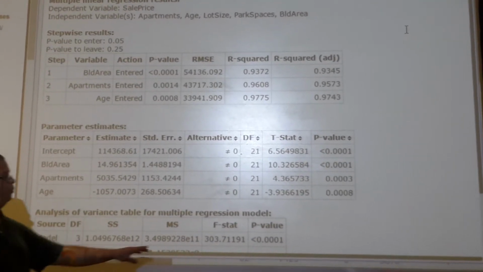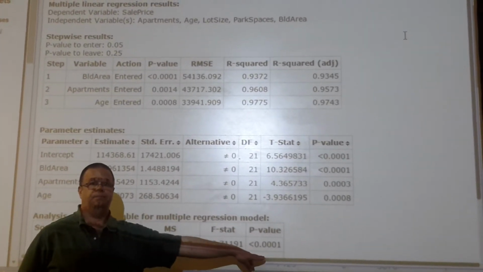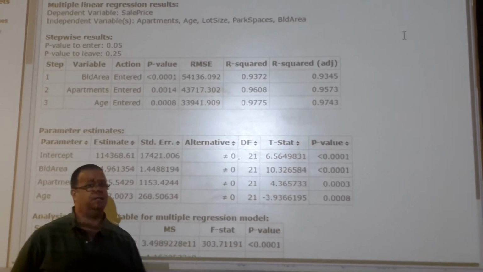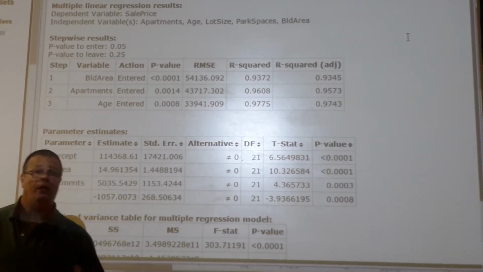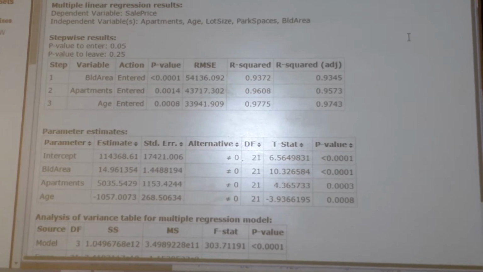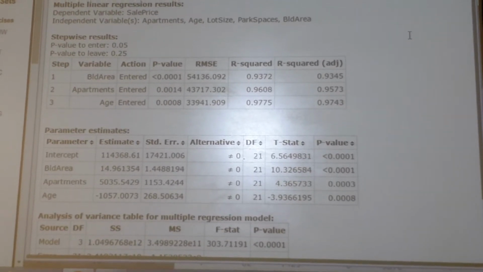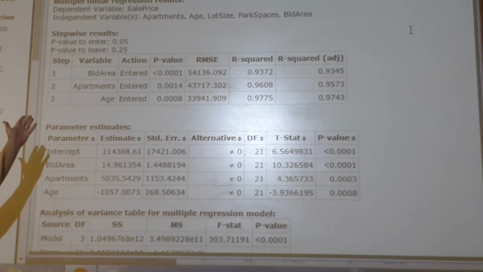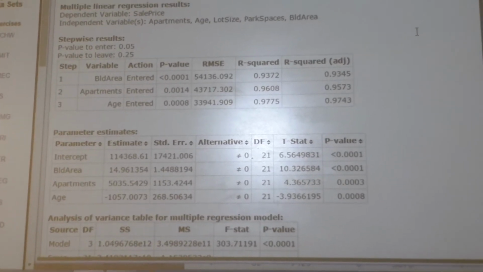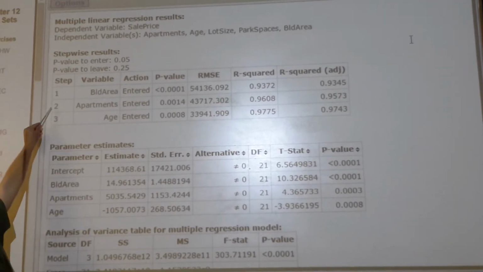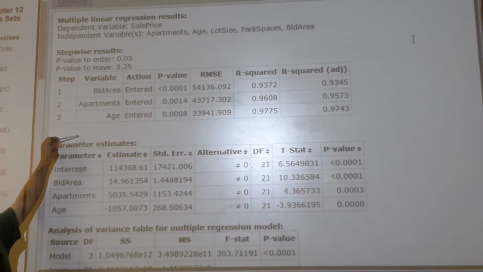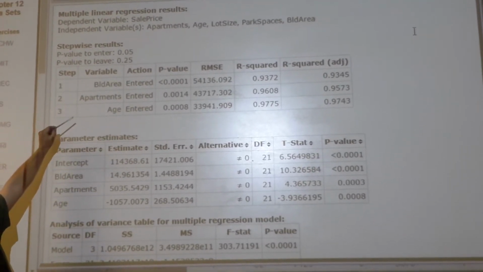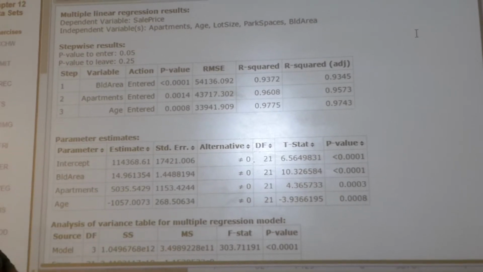Overall, our predictive model is significant. P-value overall is less than 0.05, so that's good. The variables that entered into the equation are significant predictors of the selling price. But notice we had 5 different independent variables here, and only 3 of them actually made it into our equation. The building area, the number of apartments, and the age of the building.